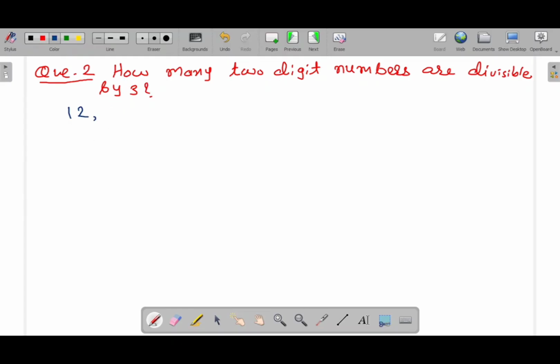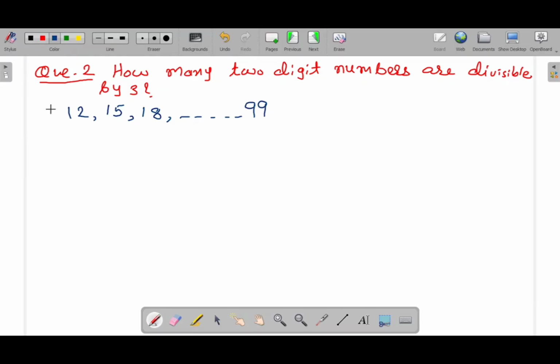Similarly, the next number I will get is 15, then I will get 18, and so on. Now, two-digit numbers. Which will be the highest two-digit number? Yes, you are right. It will be 99. Is 99 divisible by 3? Yes. So my last term will be 99. Okay.